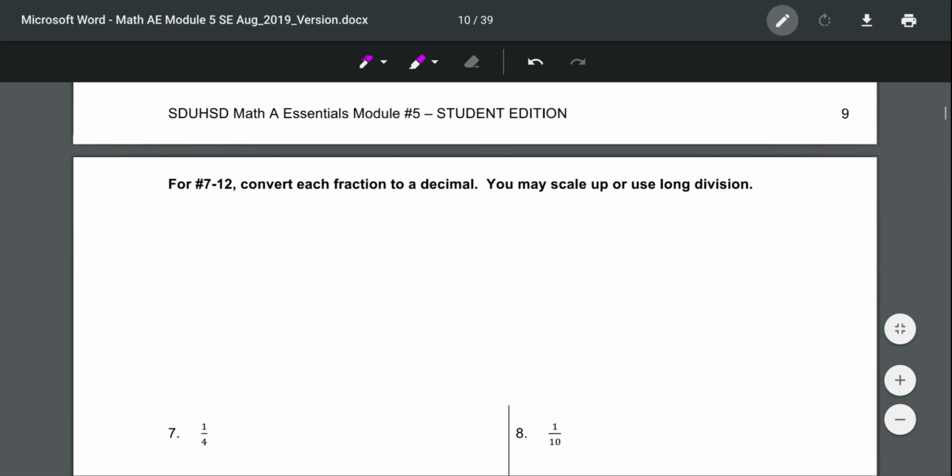On 7 through 12, you're going to convert each fraction to a decimal using long division. Some steps to do that: you're going to divide the numerator by the denominator.